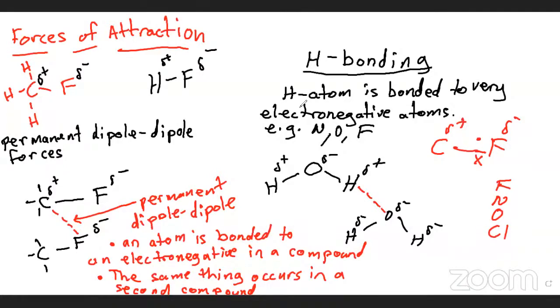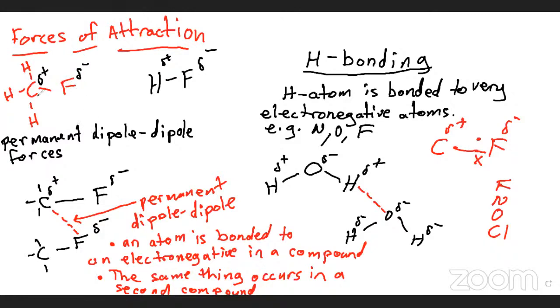All right, but for now, permanent dipole occurs when you have an atom covalently bonded to an electronegative atom, because these are all covalent compounds. That is the starting point of permanent dipoles.